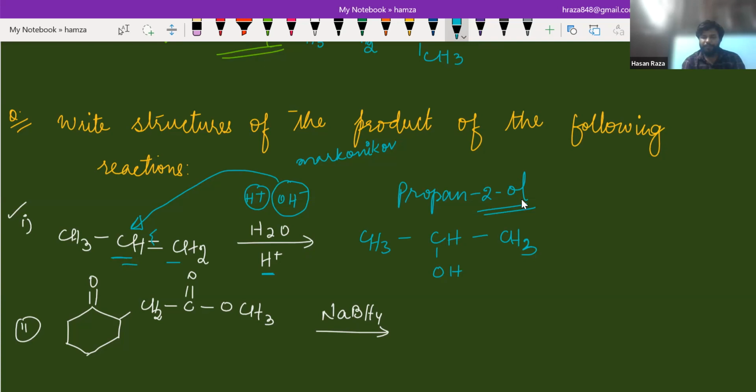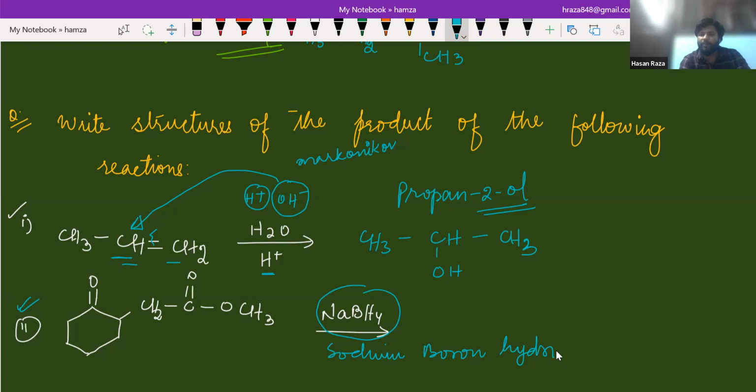Hamza, Sneha, Fawaz. Yes, sir. Got it. Okay. So is there any answer from any one of you for the second? Do you recognize this NaBH4? NaBH4 is basically sodium borohydride.